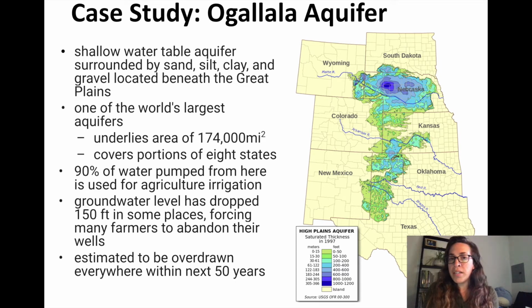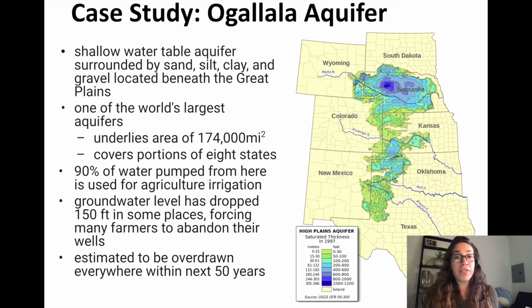And it's right beneath the Great Plains, so this is an area where we have an incredible amount of rangelands for cattle and other animals, and we have a fair amount of farming and other production going on in terms of agriculture in these areas. It underlies about 170,000 square miles, and it touches on all 8 states you see here in this image, most notably Nebraska. And it's fairly shallow, which means that we can access it without having to drill too deep.